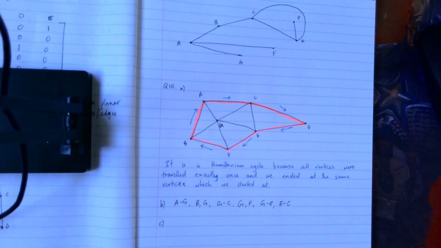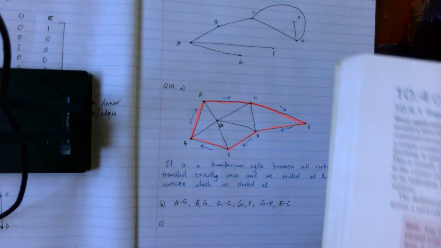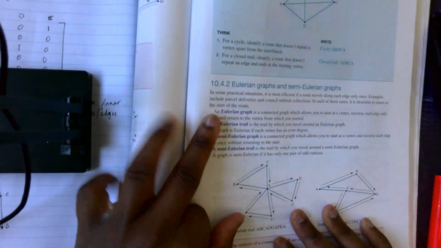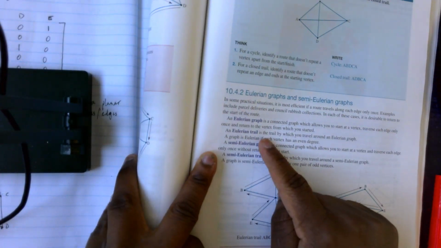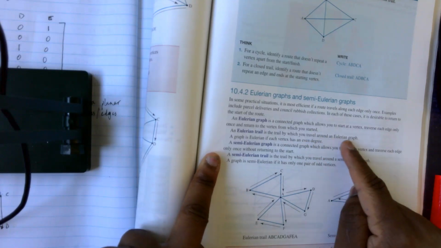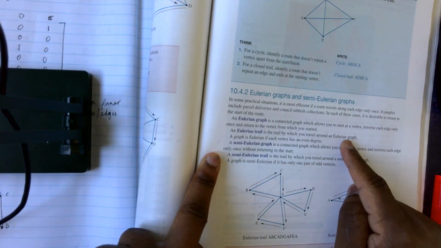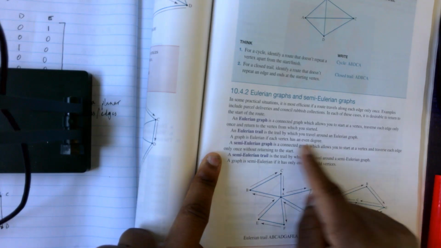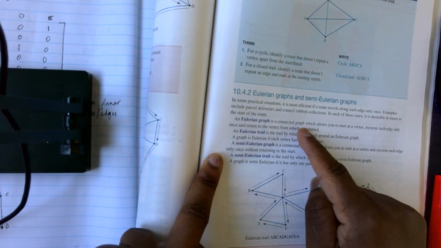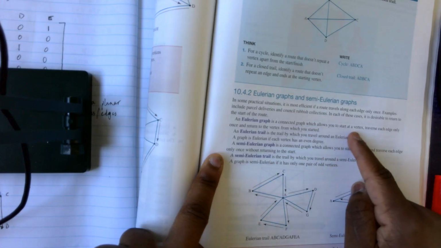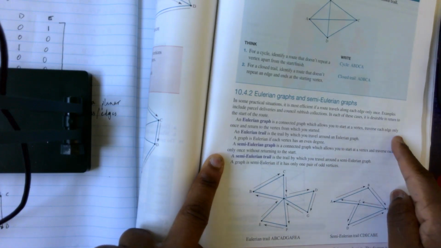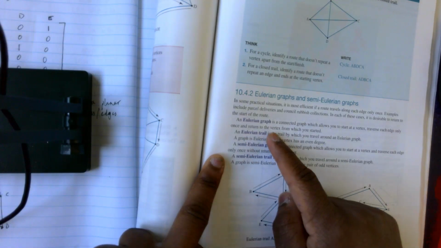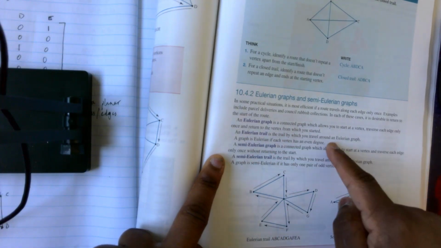An Eulerian trail according to the textbook is a trail by which you can travel around an Eulerian graph. An Eulerian graph is a connected graph which allows you to start at a vertex, traverse each edge only once, and return to the vertex from which you started.